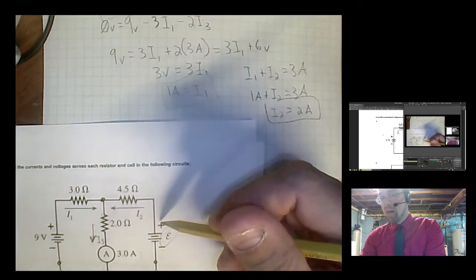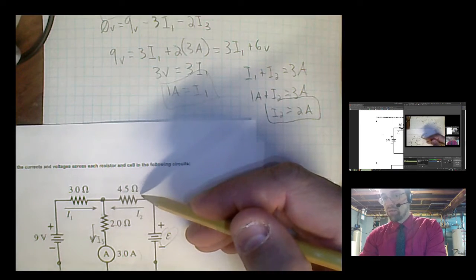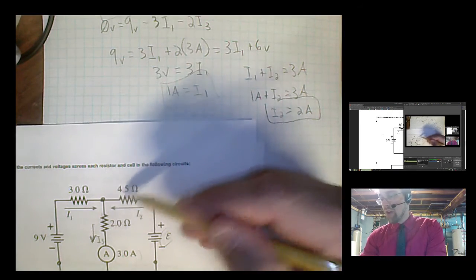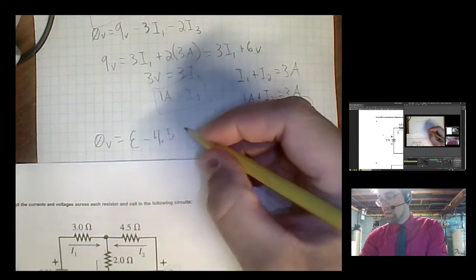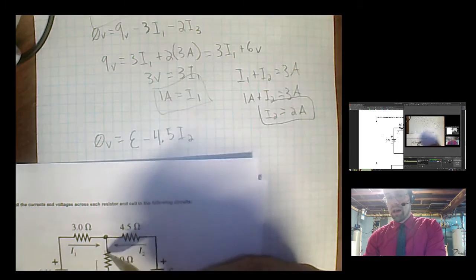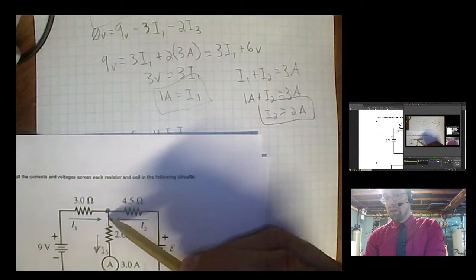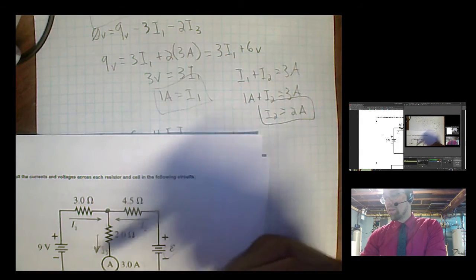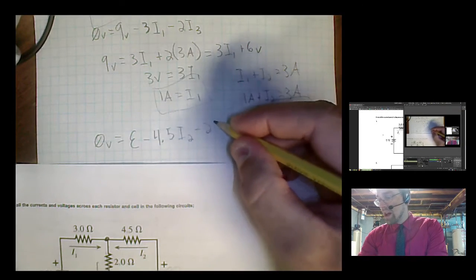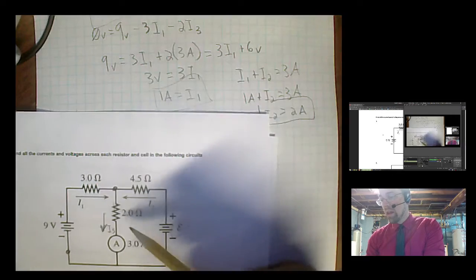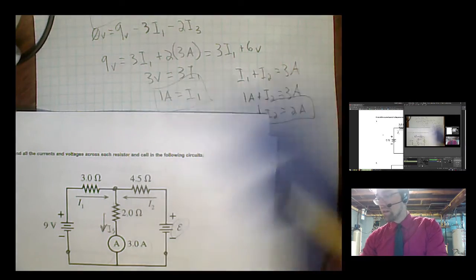I'm moving with the direction of assumed current, so this is a voltage drop, minus 4.5 ohms times I2. Again I'm traveling with the assumed current, so this is minus 2 ohms times I3. And then I'm back to start.